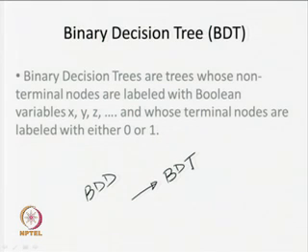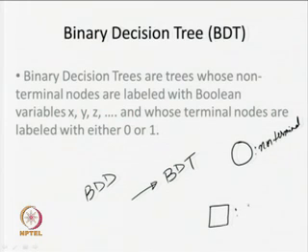So, when we are going to draw BDT or BDD, we use these particular circles to represent non-terminal nodes. And we use this particular square box to represent terminal nodes. Okay. So, in case of non-terminal nodes, it will be labeled with the variables of that particular function.